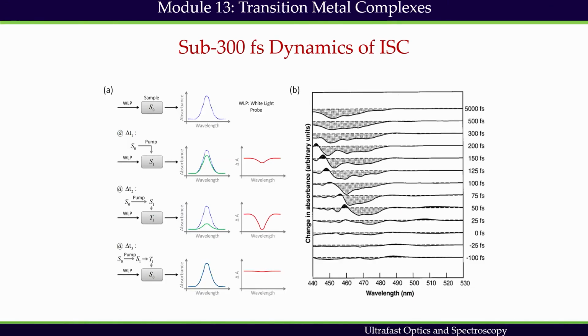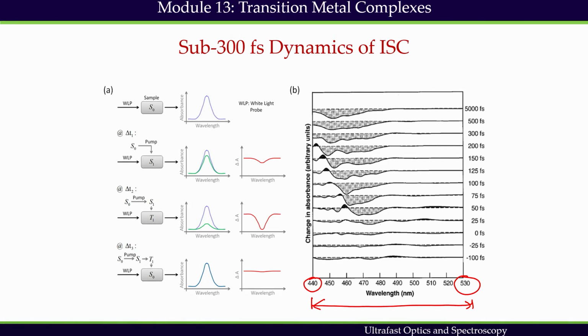For the experiment, a broadband white light pulse is used to probe the transient absorption. That is the way transient absorption spectroscopy is performed. We use a white light source, and the white light has a bandwidth in the 440 to 530 nanometer spectral regime, and that is why we can monitor the absorption in the entire regime.